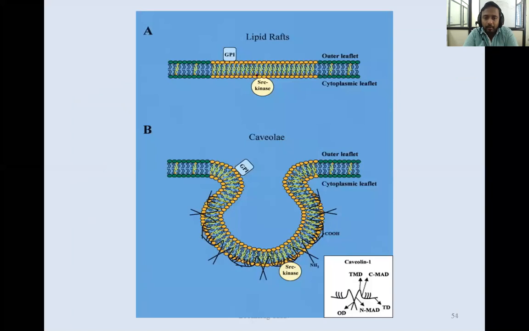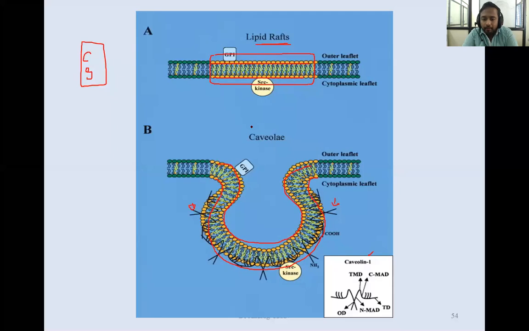I'll show in the figure. Okay, you can see here. This is the area which is called a lipid raft. Why? Because it is rich in the lipids, that is the sphingolipids and the cholesterol. And the caveolin protein, you can see here, is converting this simple straight line into a caveole, a pocket-like structure.